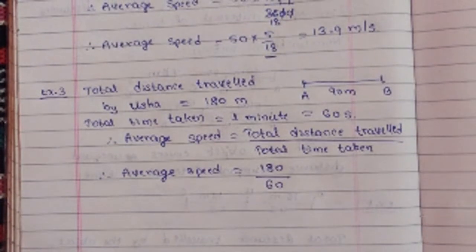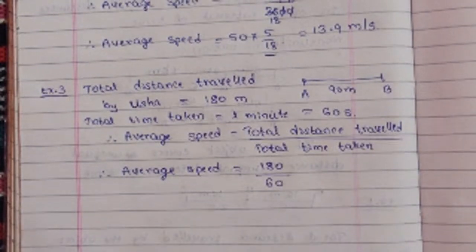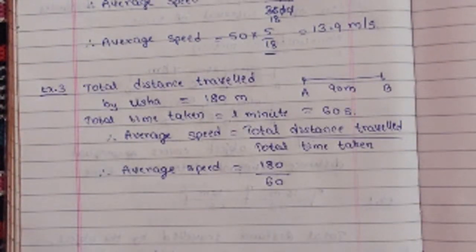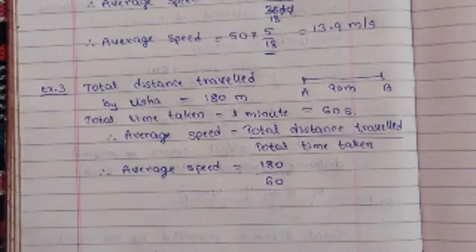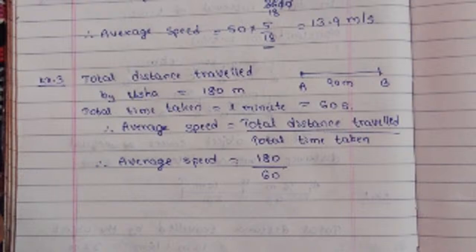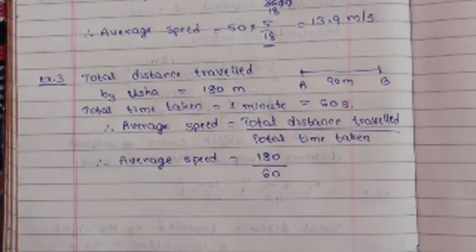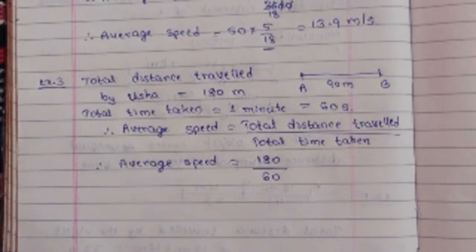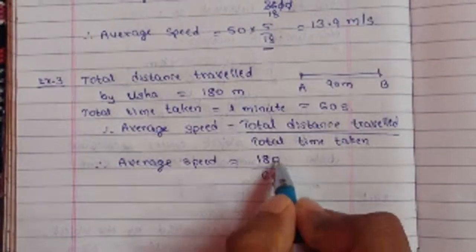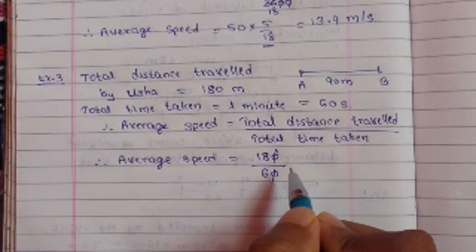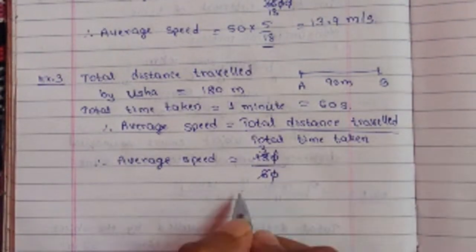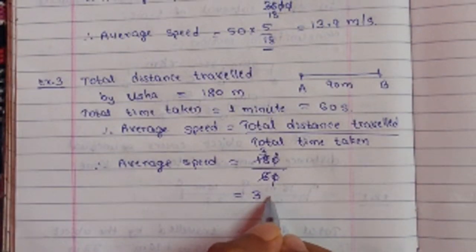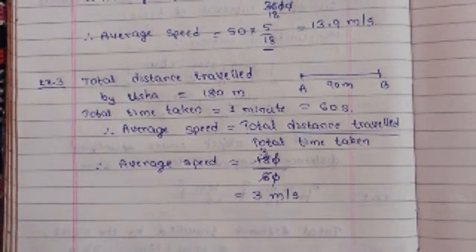Now just cancel the terms. Zero gets cancelled. 6 ones are 6, 6 threes are 18. Therefore, average speed is equal to 3 and the unit is meter per second.